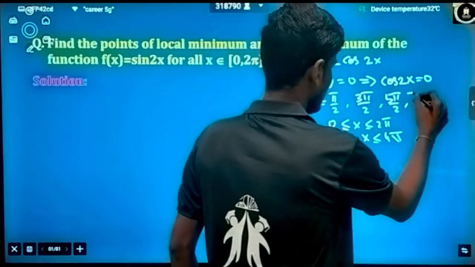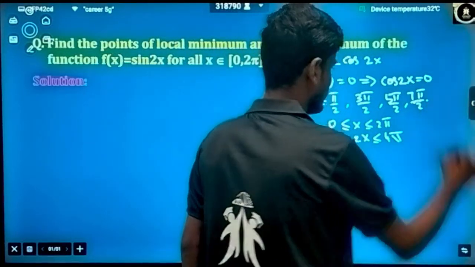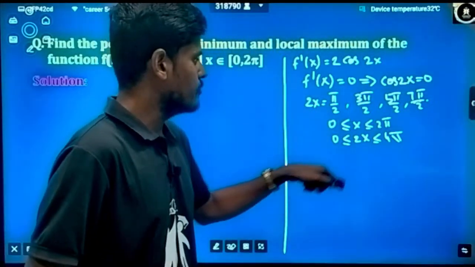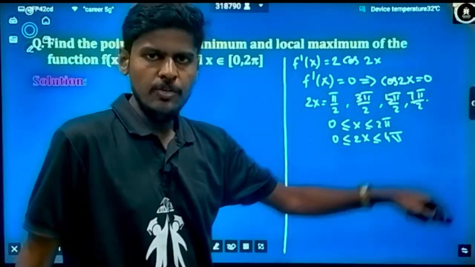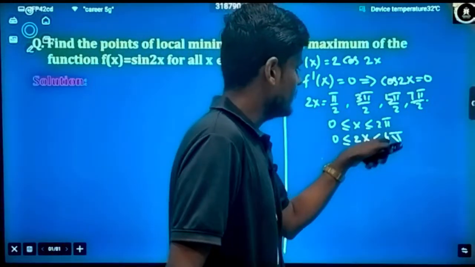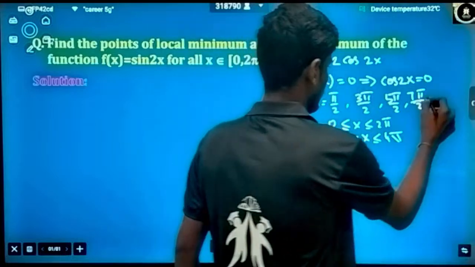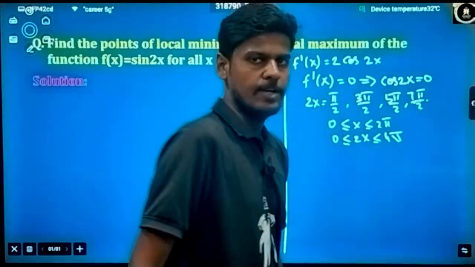7 pi by 2, which is 3.5, again less than 4. 9 pi by 2 will be 4.5, that is greater than 4 pi. So we need to find up to 7 pi by 2.